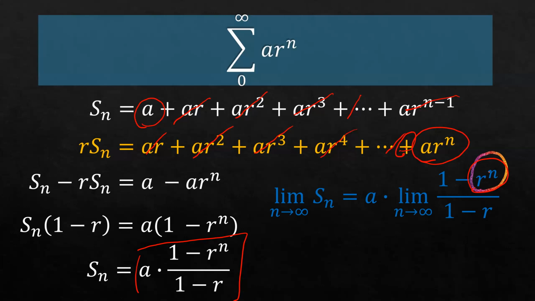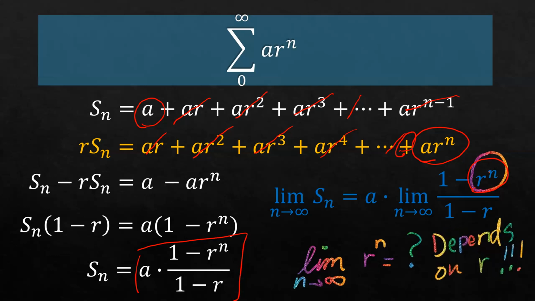And you've seen that before in a previous video, right? So we really are just thinking now, when does r to the n power converge? And that would depend on r. So let's take a look at a few scenarios here, okay?